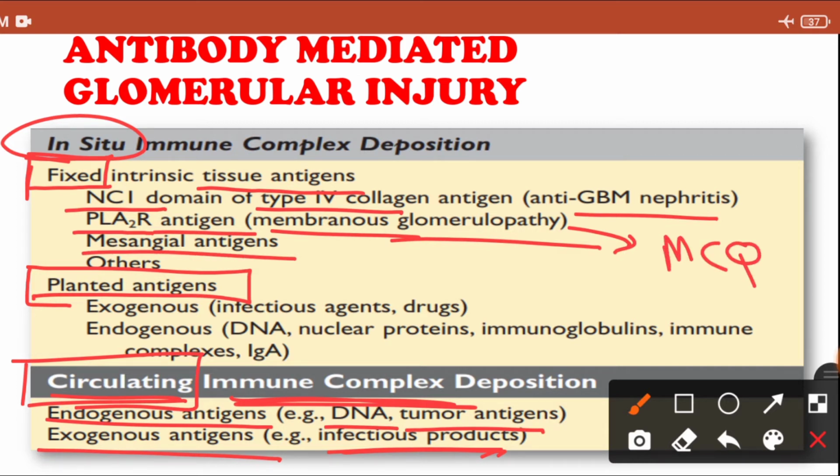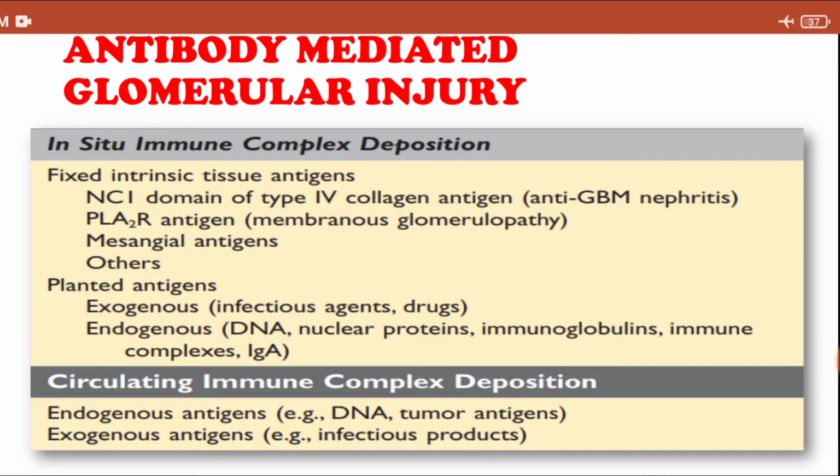Or the mesangial antigen. Antibody can form against the mesangial cells as well. So these are examples of fixed tissue antigens present in the glomerulus. Now, which are the planted antigens? Planted antigen could be exogenous, like infectious agents or drugs which will plant in the glomerulus, or it could be endogenous DNA, nuclear protein, immunoglobulin like IgA, etc.